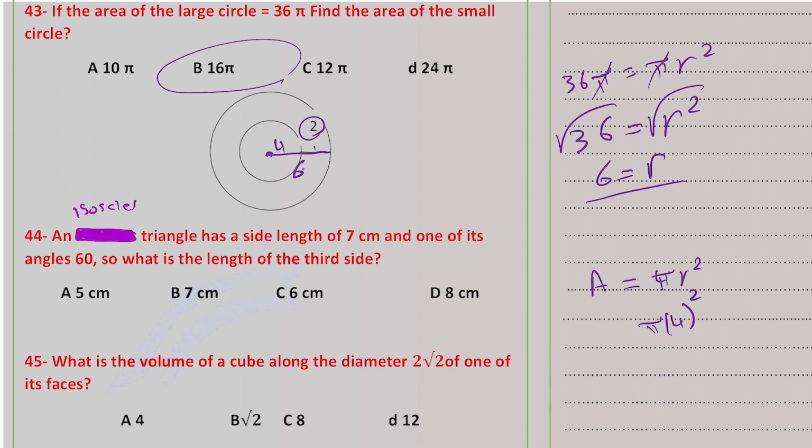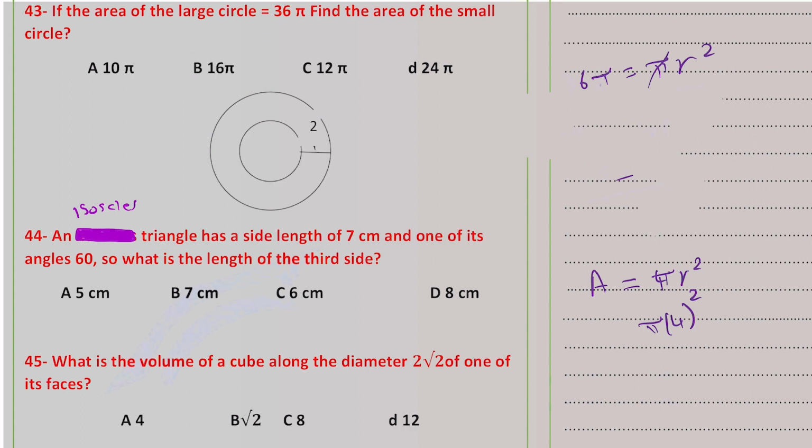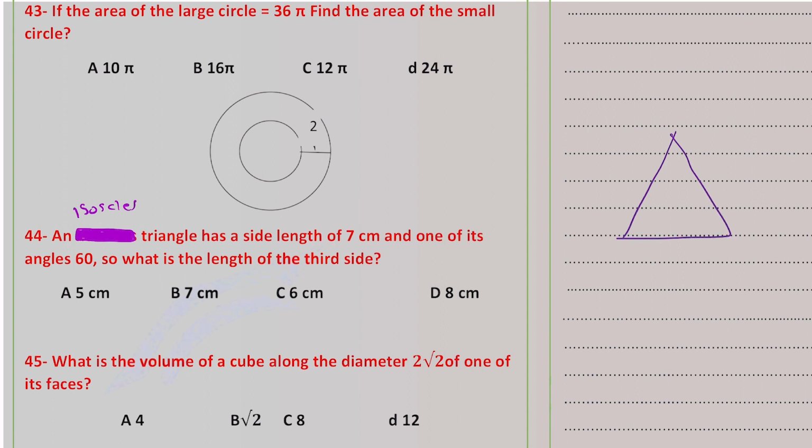Question number 44, which is an isosceles triangle. An isosceles triangle has a side length which is 7, and one of the angles is 60, so we can write here 60, for example.